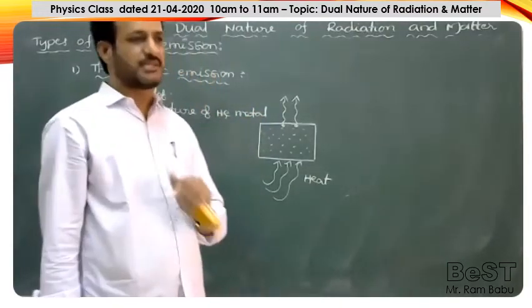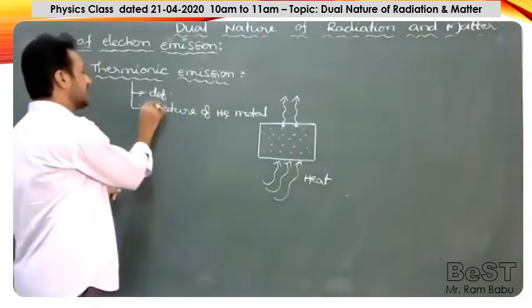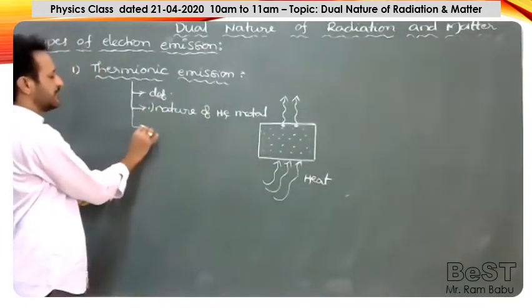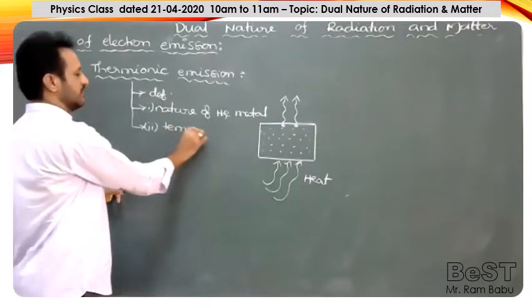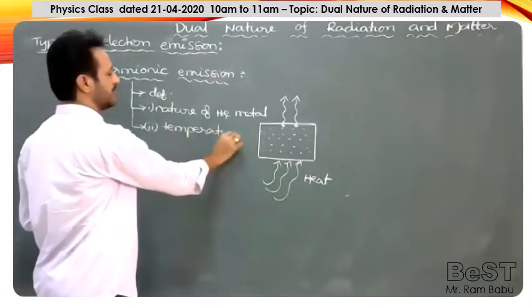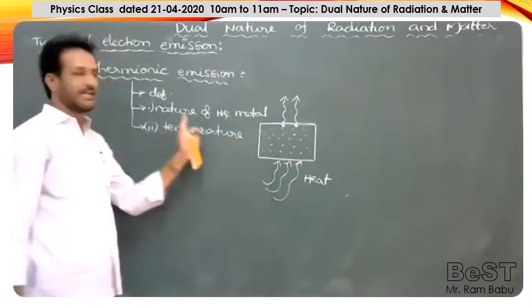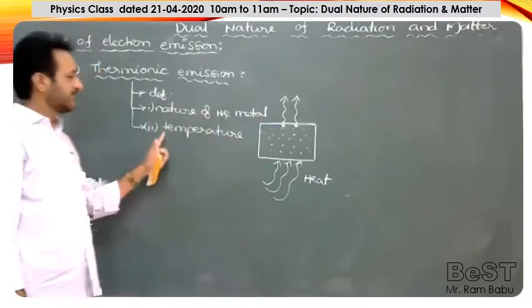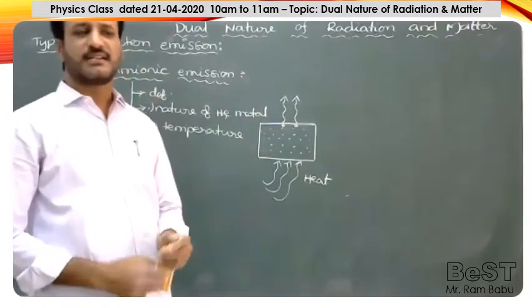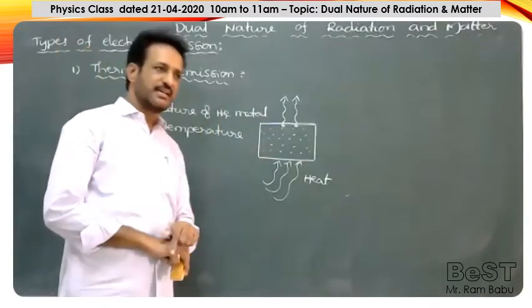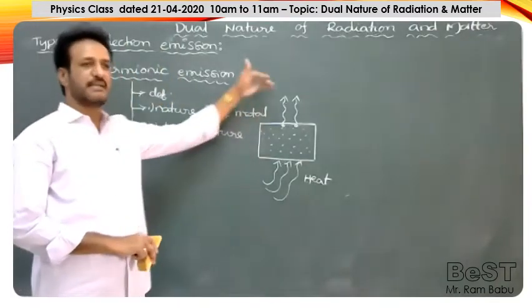That is one factor. Second, the heat supplied, that is the temperature of the metal. So thermionic emission depends upon the nature of the metal and the temperature of the metal. The more the temperature supplied, the more energy the electrons gain and the more electrons may be liberated.